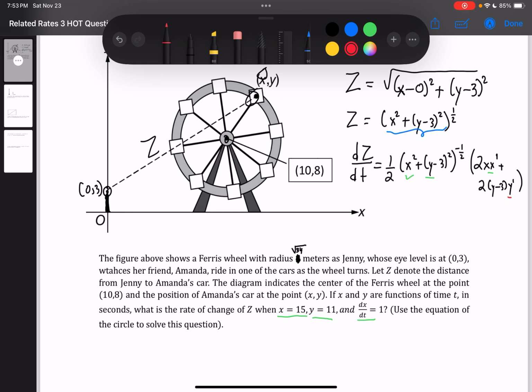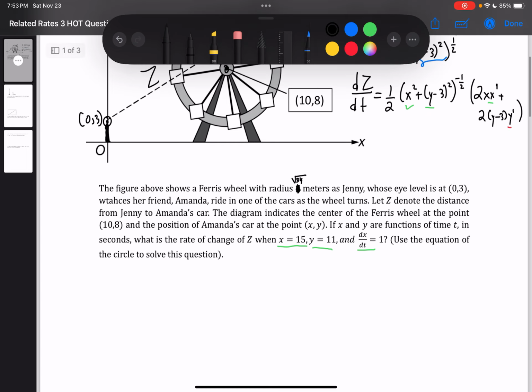And this is where we need to use the equation of the circle, because the equation of the circle will identify for us what is our y prime. So the equation of the circle is (x minus 10) to the power of 2 plus (y minus 8) to the power of 2 equals 34.